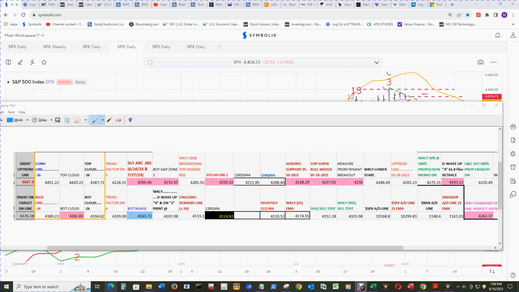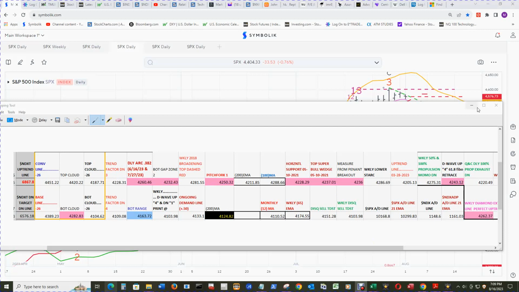So that's the goal, and you can see trend factor down 3 is below that, so our buying could be completed after starting at trend factor down 2, and then just keep buying, see what happens at the pitchfork 1 level, 4250, and that's about it. And then buy more here.